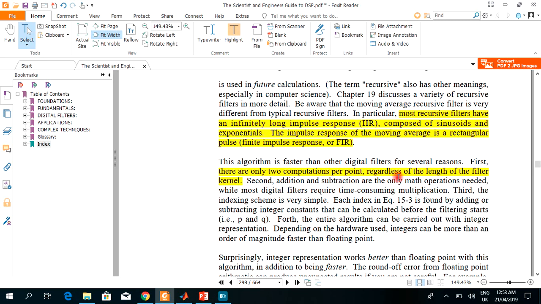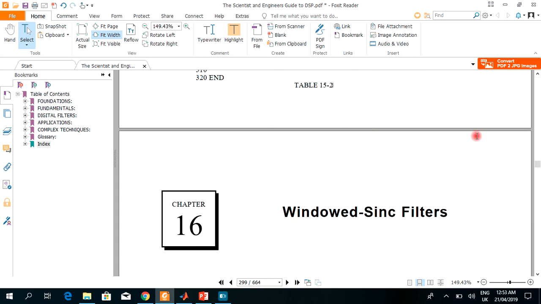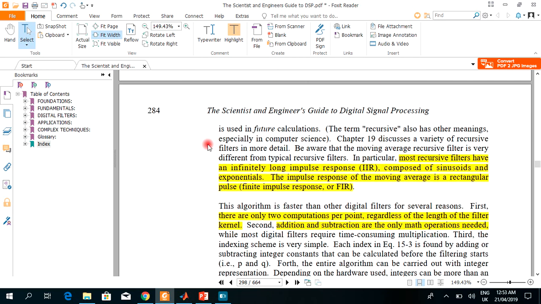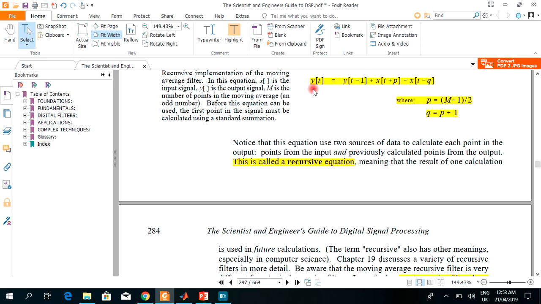There are only two computations, as you can see, the input and output in the equation. The second, addition and subtraction are the only mathematical operations needed, as we saw in the above equation.